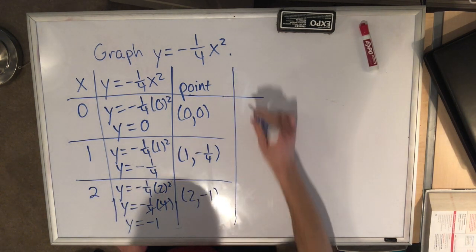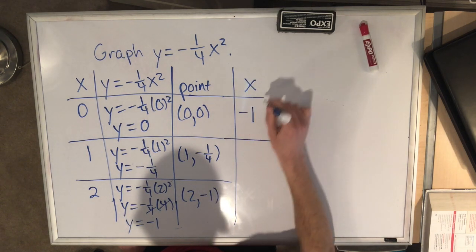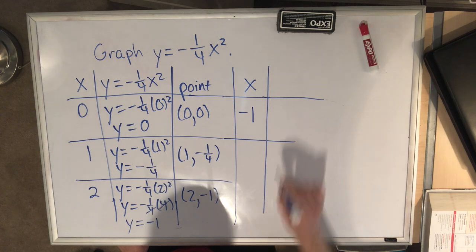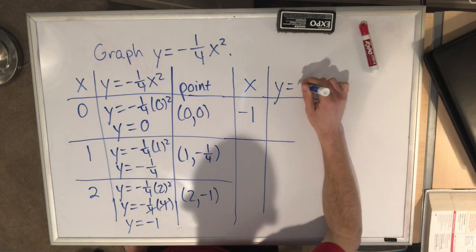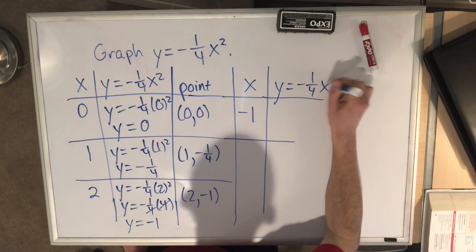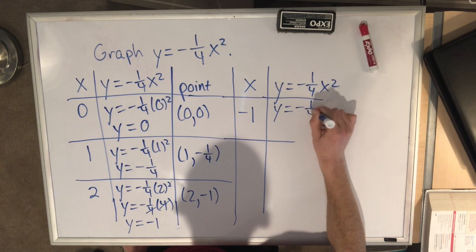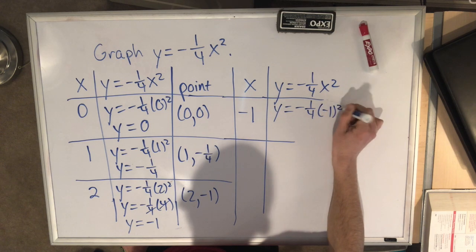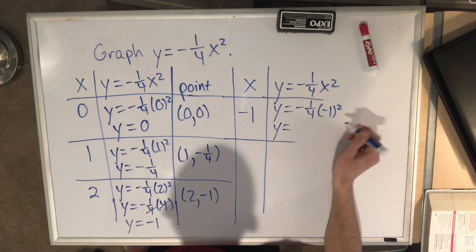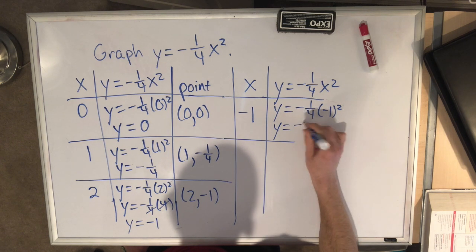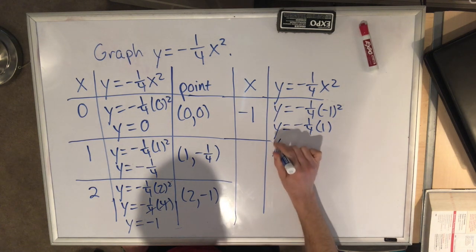And now substituting in a couple negative numbers for x, like -1 and -2. We'll get y equals -1/4 times -1 squared. -1 times -1 is +1. Negative 1/4 times 1 is negative 1/4.